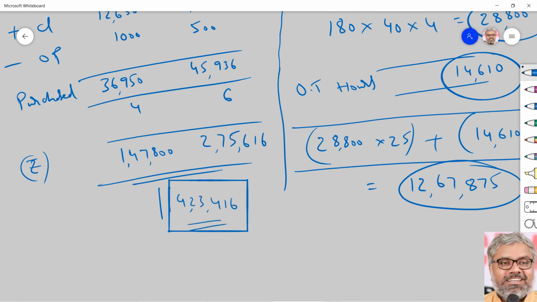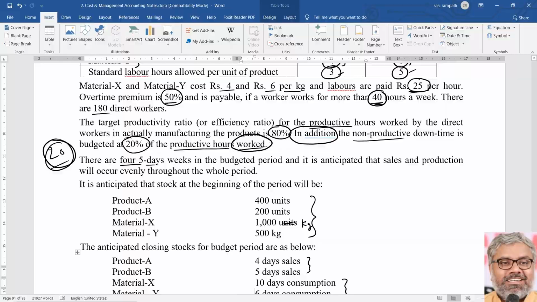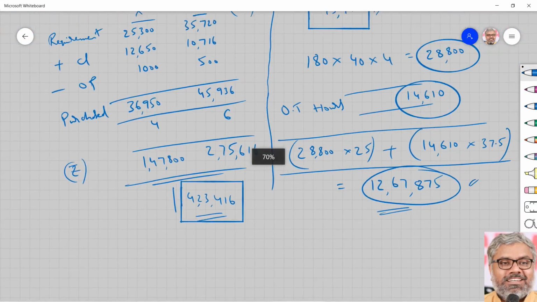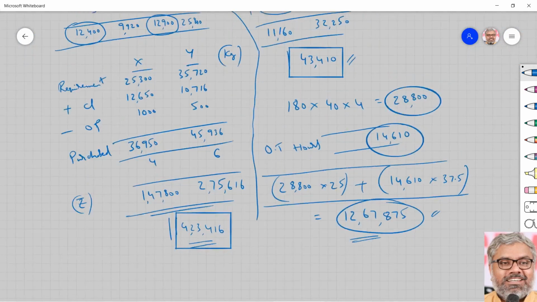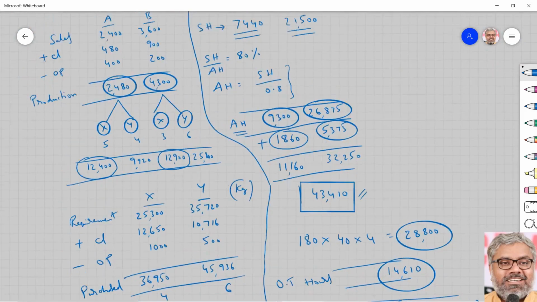So this is one thing. This is the labor budget. That's what the question asks: material purchase budget and wages budget, showing the quantities and values. That's what we have done. That's it. That is about some of the questions related to budgets, but using some concepts of standard costing also.